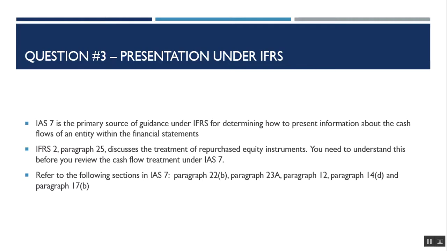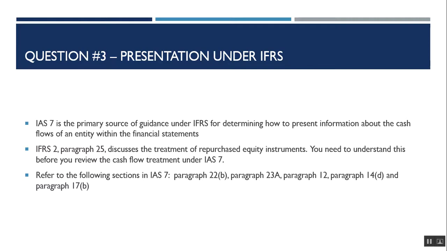IAS 7 is the primary source of guidance under IFRS for determining how to present information about the cash flows of an entity within the financial statements. IFRS 2, paragraph 25, discusses the treatment of repurchased equity instruments. So you need to understand this first before you review the cash flow treatment under IAS 7. IFRS 2 is similar to the guidance that the case provides for ASC 718-20-35-7.